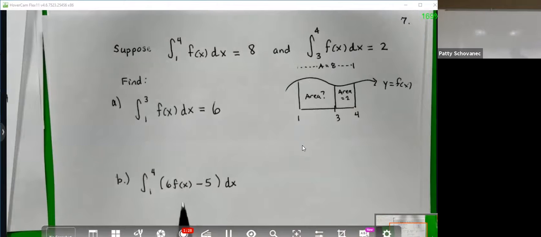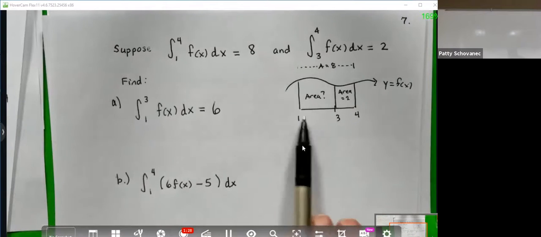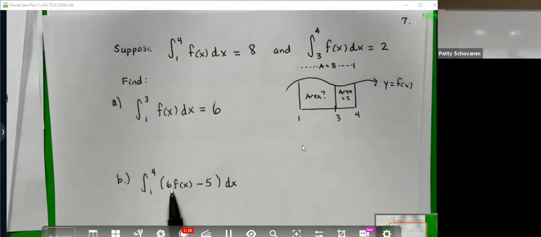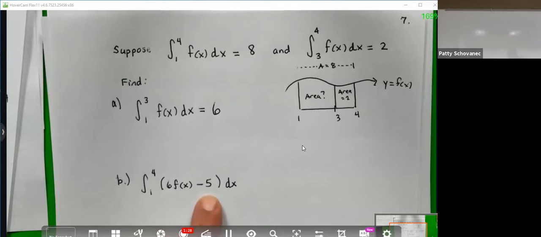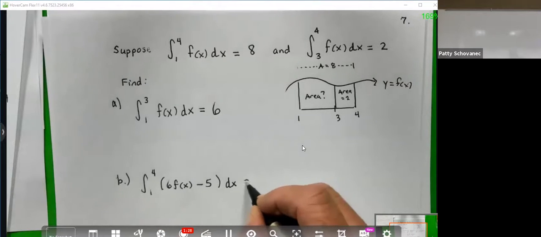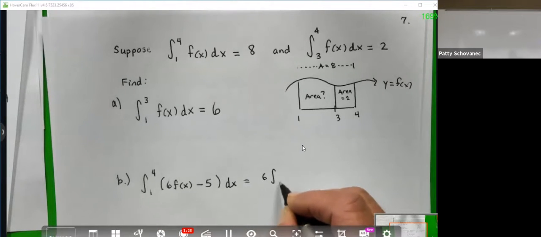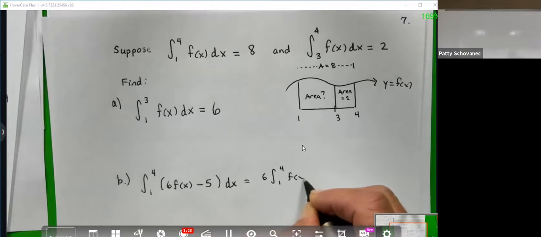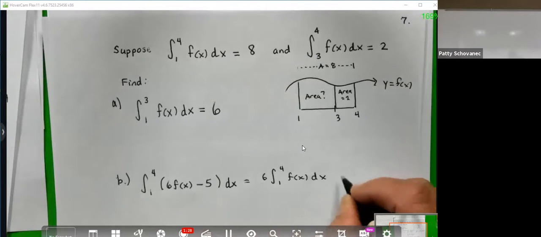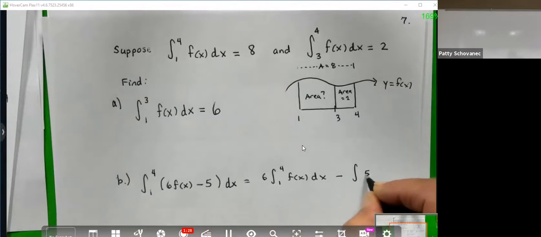All right, now let's look at the next one. I'm looking now at the integral from 1 to 4, and I have 6 times f of x minus 5. So what I want you to think about is that I can break up integrals around plus and minus signs, and I can pull out constants. So I can rewrite this as 2 integrals that look like 6 times the integral from 1 to 4 of f of x dx minus the integral of 5 from 1 to 4 dx.